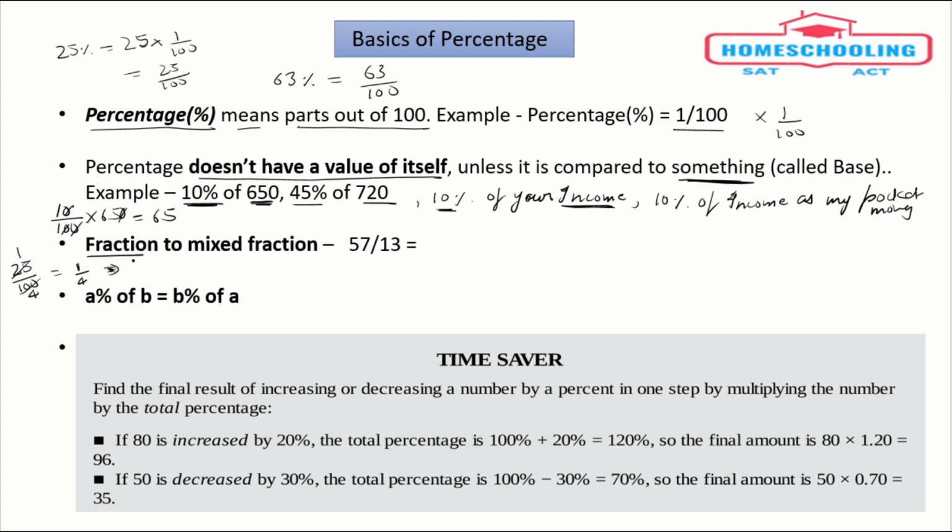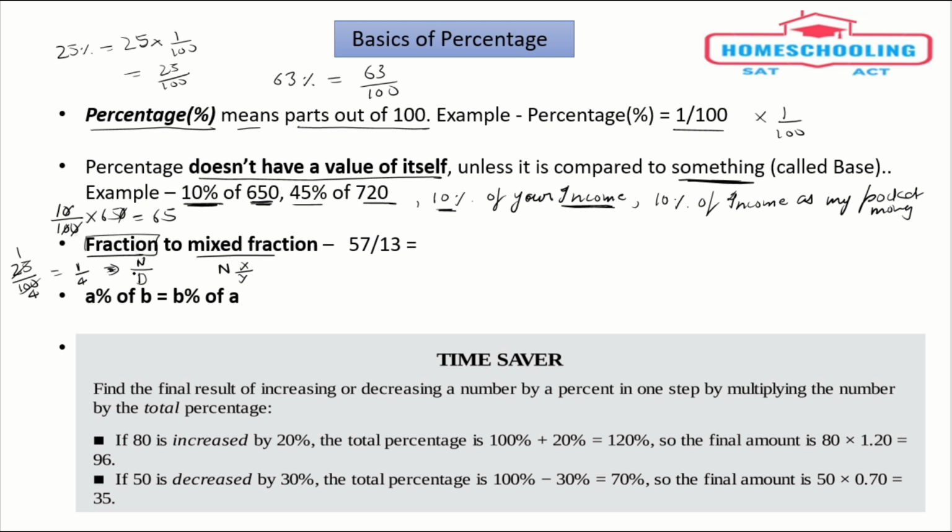What is a fraction? A fraction has a numerator and a denominator. And what is a mixed fraction? It has three numbers. If something is written as x by y, in numerator and denominator, then it is called a fraction.